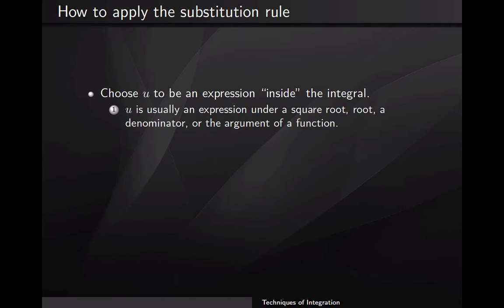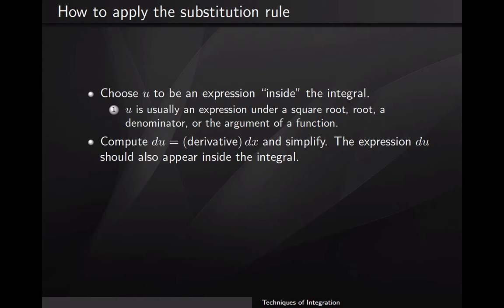Now, when I say usually, it means that sometimes that doesn't work. But most of the time, for most of the examples that you will see in the textbooks, it will be like that. It will be something that is inside some square root, the argument of some function, something like that. Now, once you make that choice of u, what you're going to do after that is compute the derivative of that.